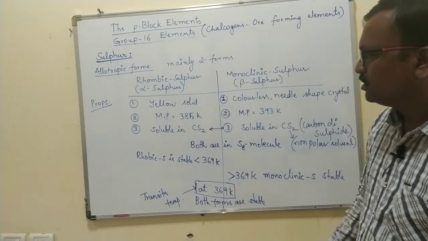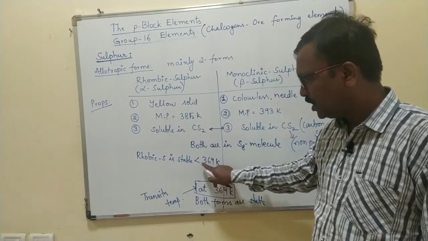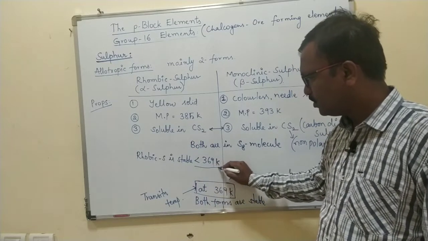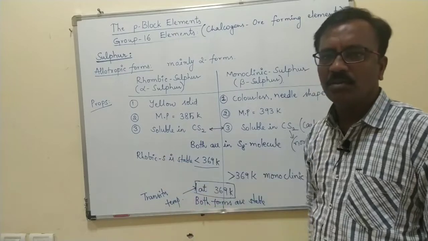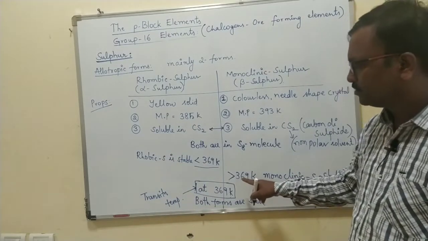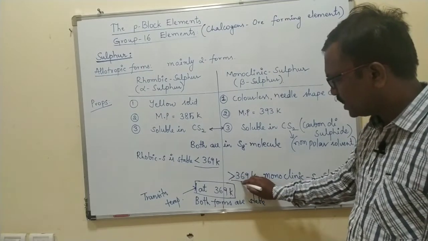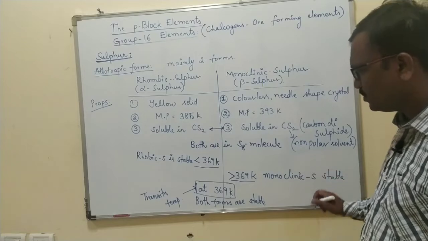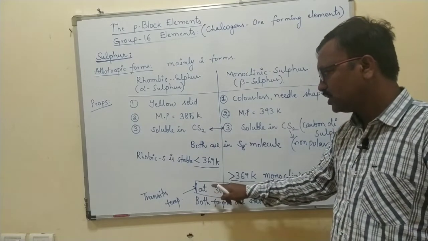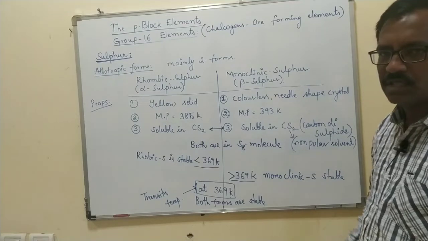Rhombic sulfur is stable below 369 Kelvin. Above 369, monoclinic sulfur is stable. That means if you increase the temperature, it changes into monoclinic sulfur.